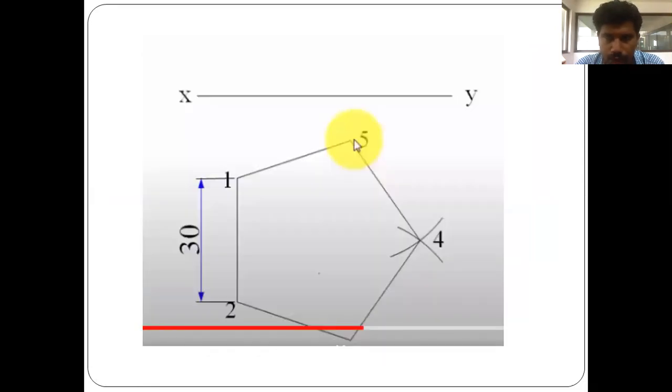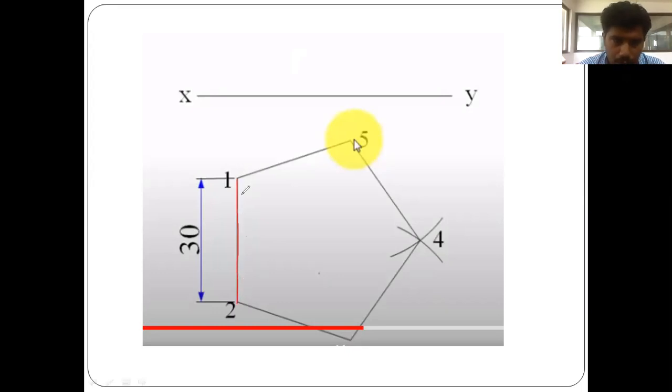So working procedure, what to do first? Very first, draw the XY line and draw a line perpendicular to the VP, in such a way that it is perpendicular to the VP. Here the interior angle is 108 degrees. So draw the first line of 30 mm.